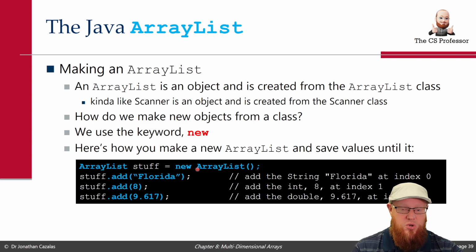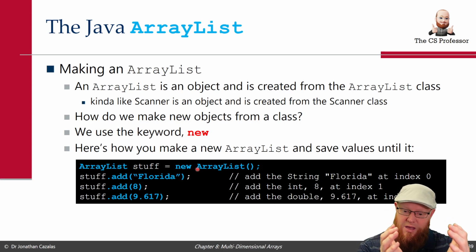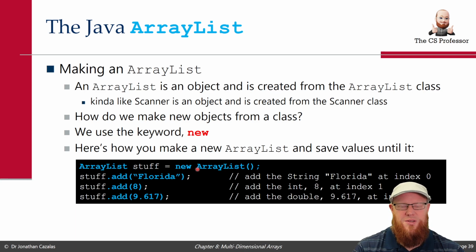We would say equals new Scanner parentheses because we're calling a method, and we send over System.in. It feels like we're calling a method. It's really called a constructor. We're coming to that in just a bit. But we're making this new Scanner object is how we would normally see that keyword new. Well, in that same vein, here we're making a new ArrayList object. And we have created that object, and we save an address of that object into the variable stuff.